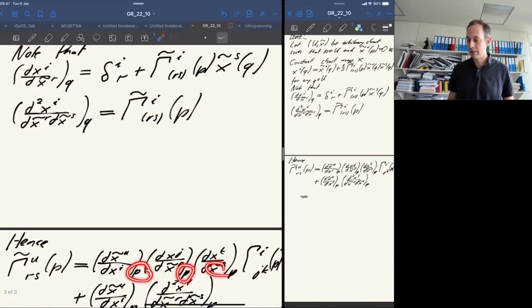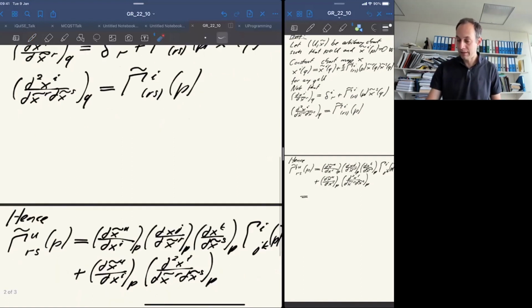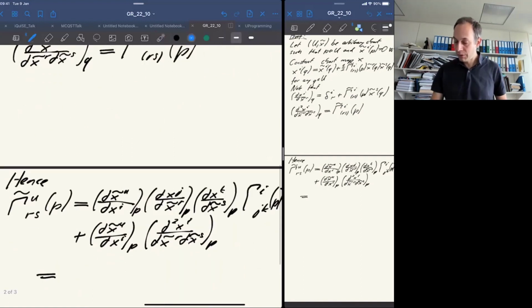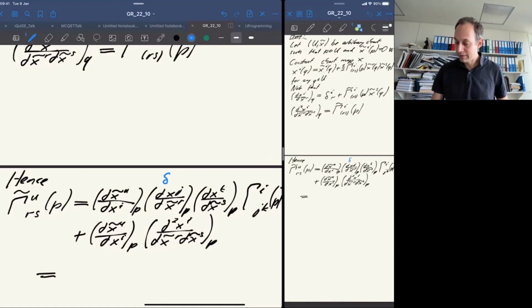I'm only doing it in P. So at the point P, this x tilde is just 0. So the only thing that remains is this delta function.